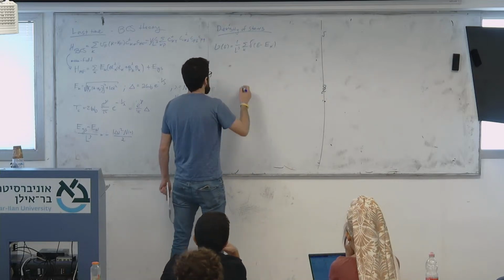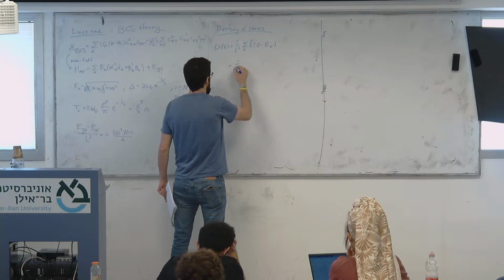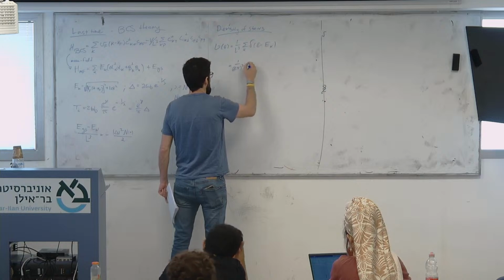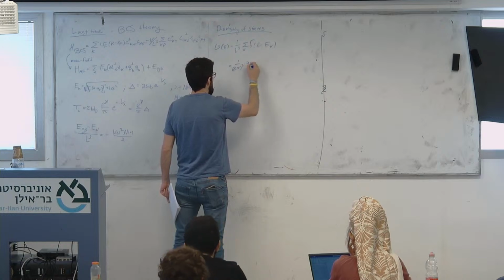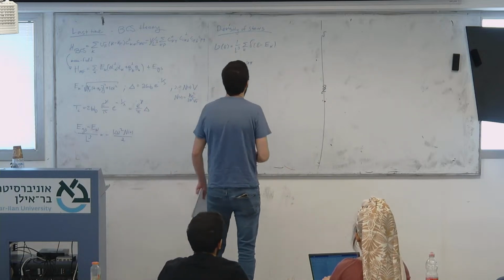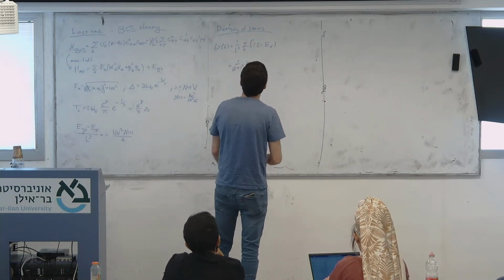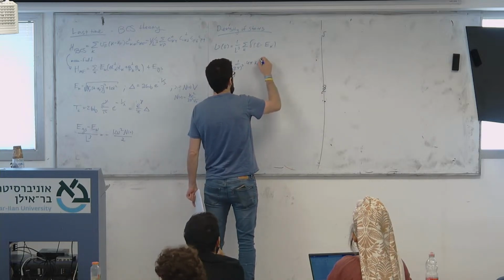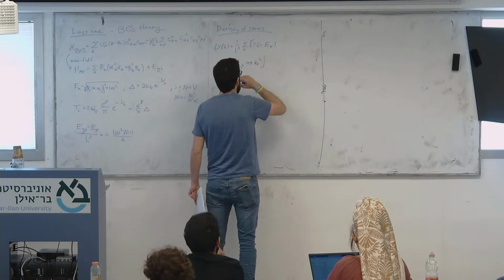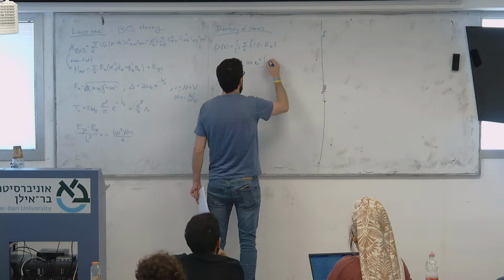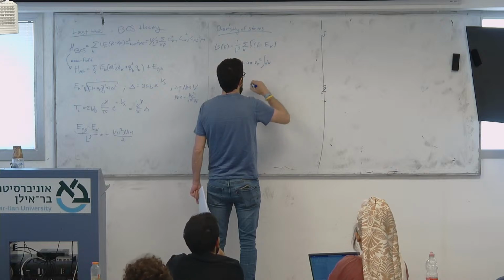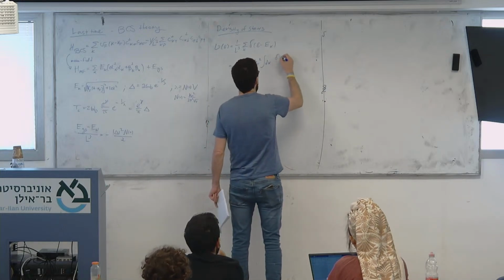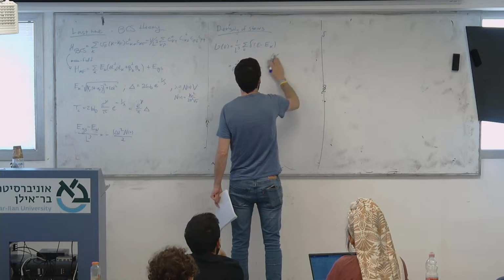So we write this as an integral. We get 1 over 2 pi cubed times 4 pi kF squared, the integral dk of... sorry, no, let's not write it like this.